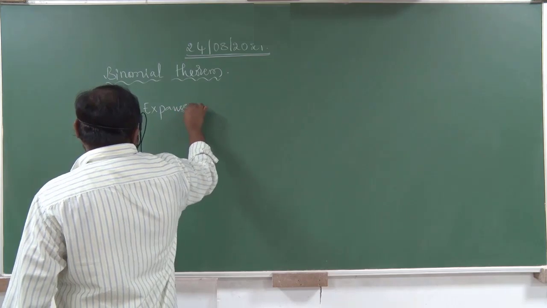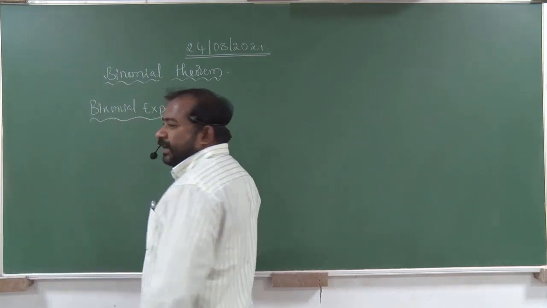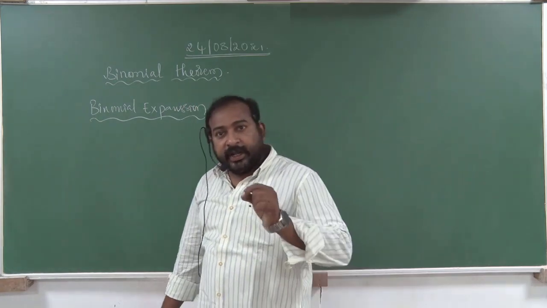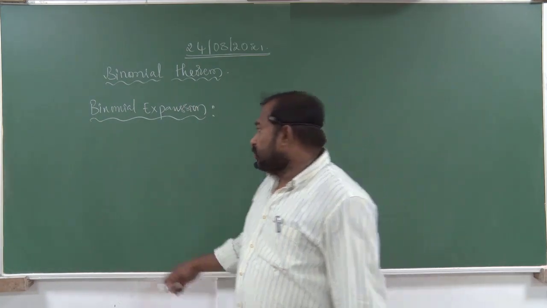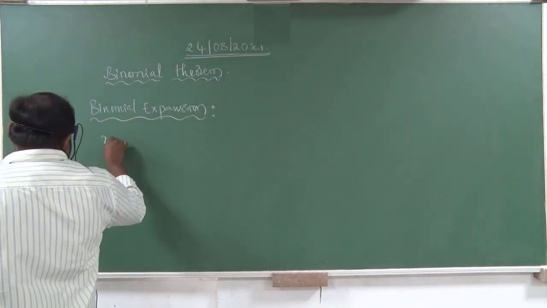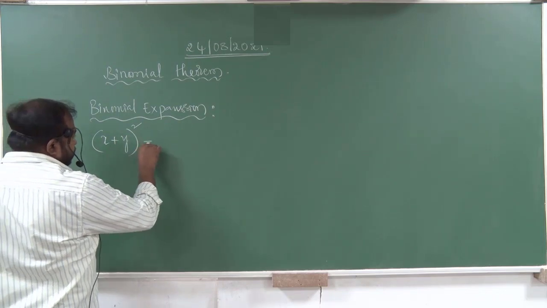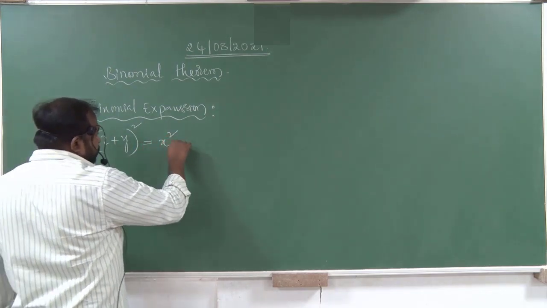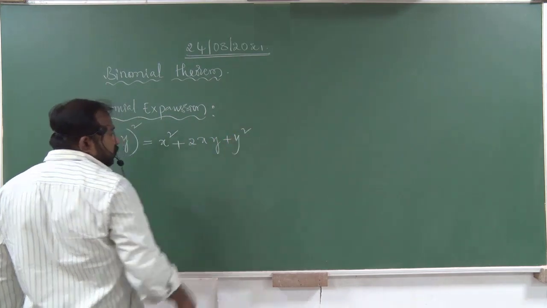So what is the meaning of the binomial expansion? In the name only its meaning is there. Binomial means, for example, (x + y)^2. What is the expansion for this one? x^2 + 2xy + y^2.